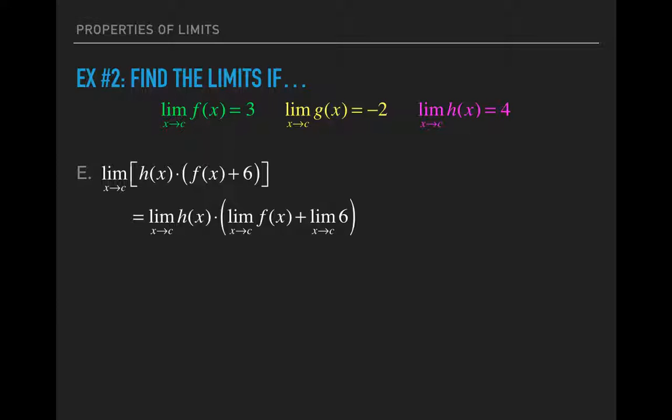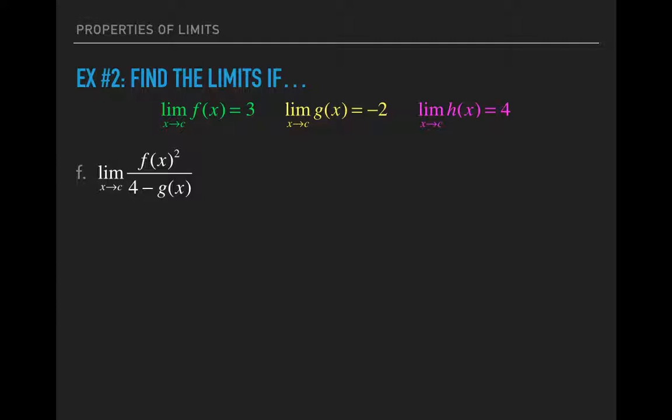And we're going to substitute what we know in here. The limit of h is 4. The limit of f is 3. And the limit of 6 is 6. So 4 times, that's actually 9. That gives you 36.